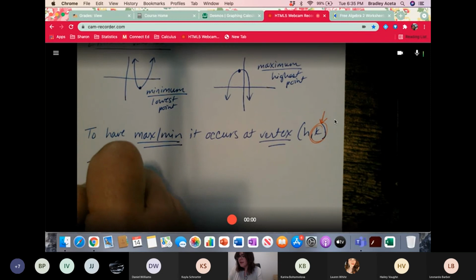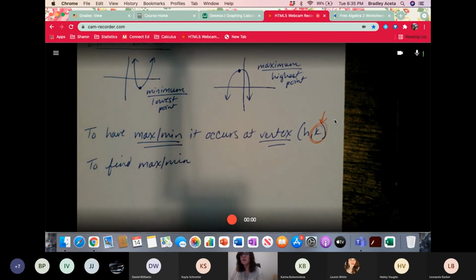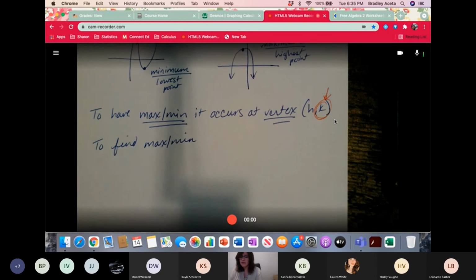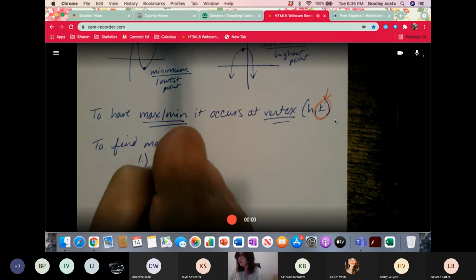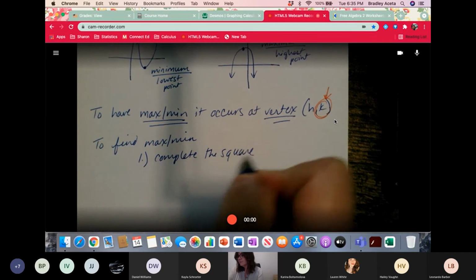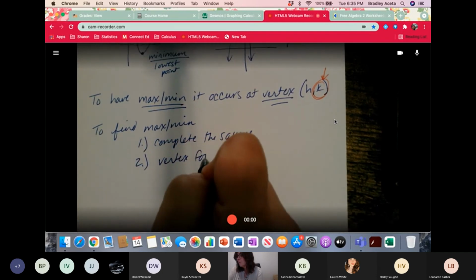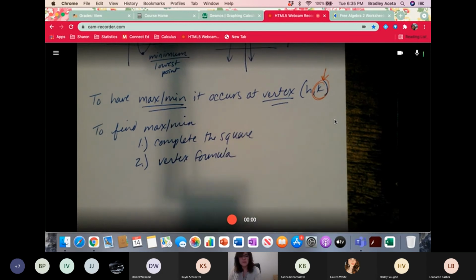So to find a max or min, you could do a couple things. Again, there's just so many things to do. You can complete the square. Put it in vertex form because the vertex is the max or min.